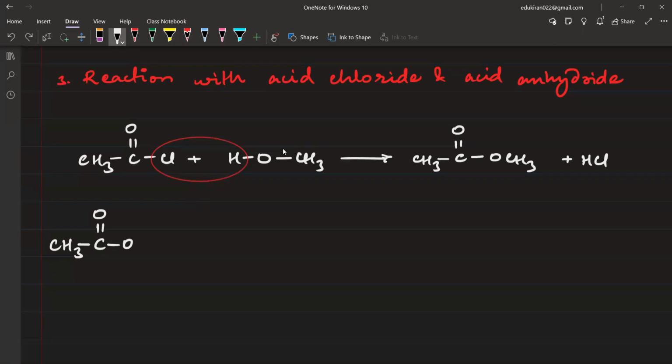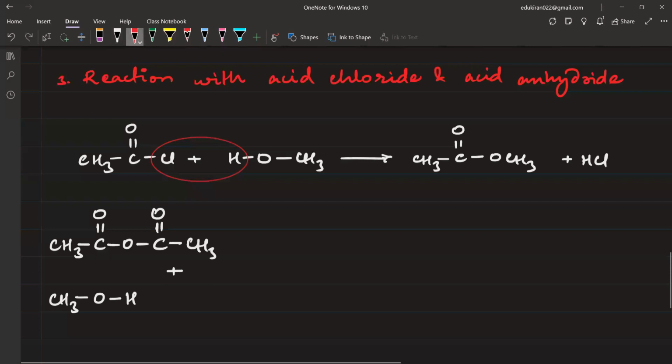So we have again the same thing: carbon double bonded with oxygen, further bonded with CH3. This is acid anhydride. If you react this with CH3OH, please see what happens. Erase this part, and we are having a reaction like this.